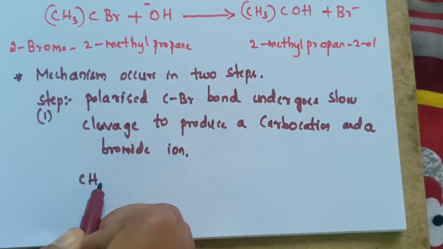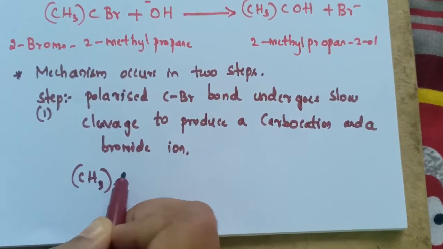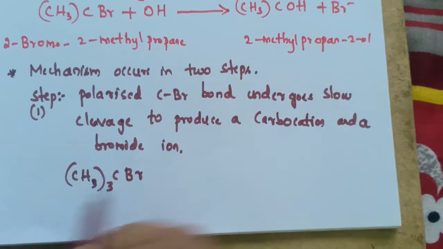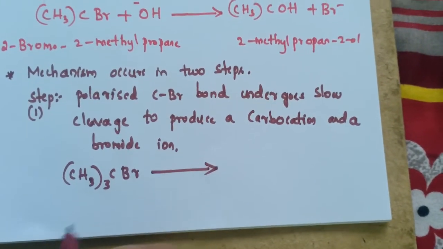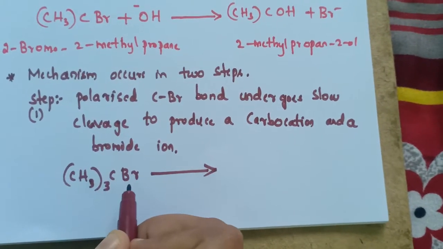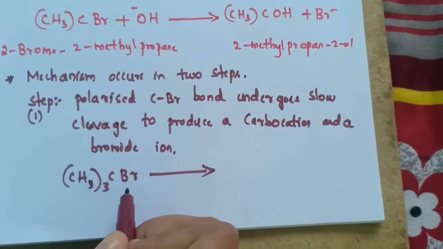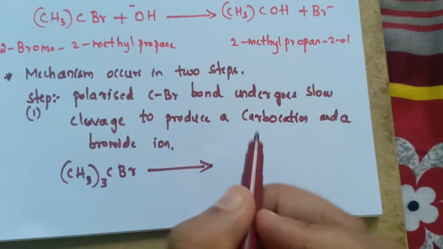First, tertiary butyl bromide undergoes slow cleavage. So Br forms a leaving group. Halogen forms a leaving group. Here Br is a leaving group. Now it undergoes slow cleavage to form a carbocation.